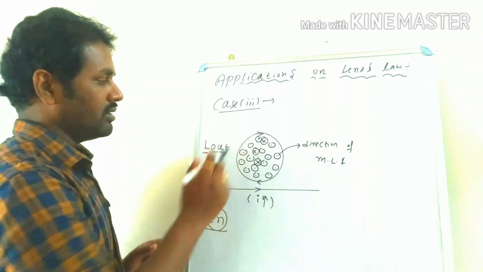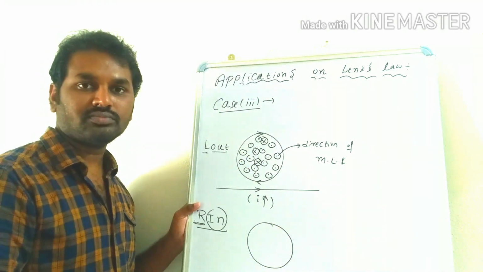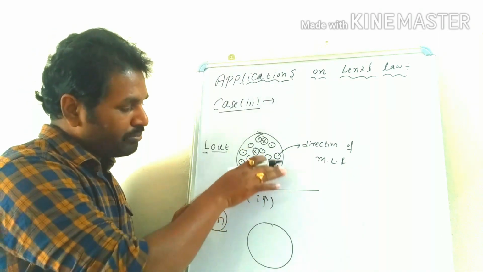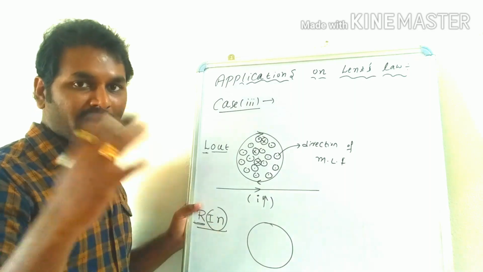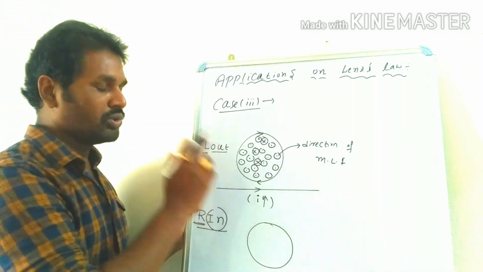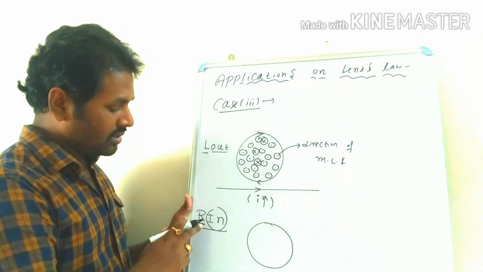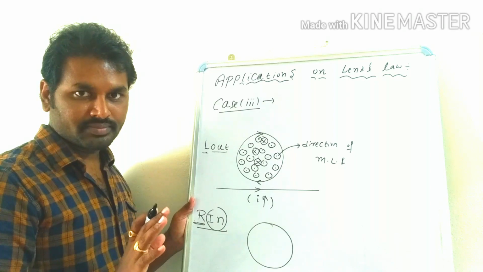The same coil, if it is taken in the downward direction, below this current carrying conductor. Firstly identify the magnetic lines of force due to the current carrying conductor. It is on the right side of the current carrying conductor.